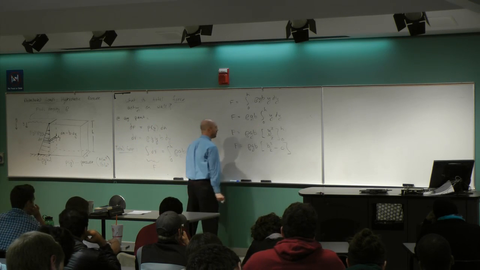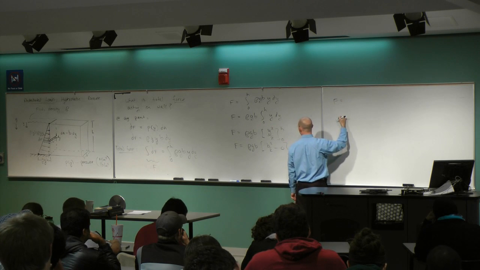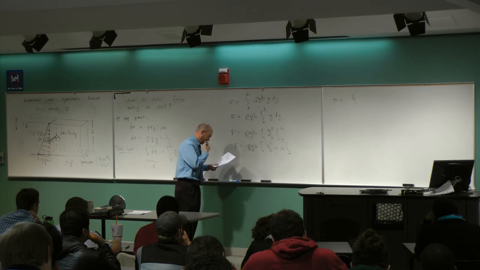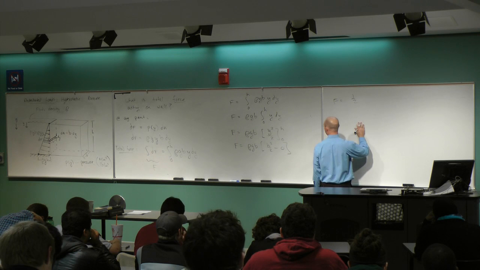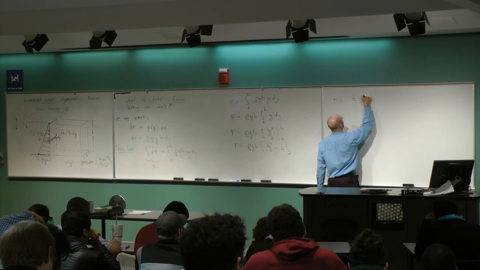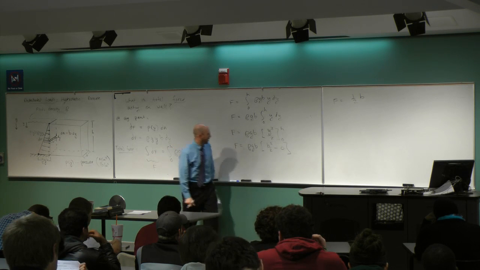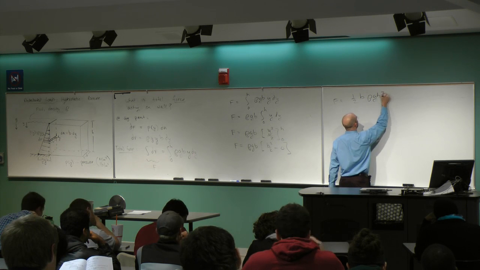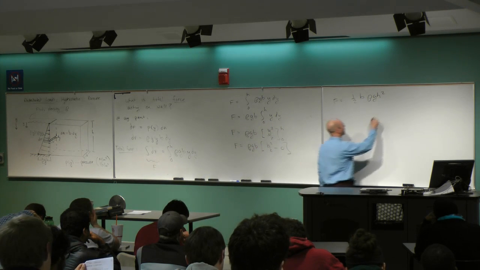So apparently the total force, this is the answer, F is going to be equal to 1/2 rho g b h squared. I'm going to write it like this: 1/2 b times rho g h squared. Okay, so that's the total force.